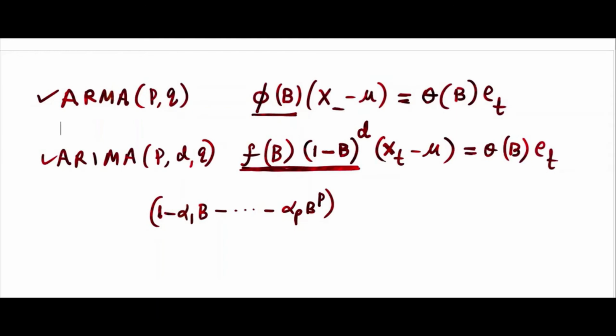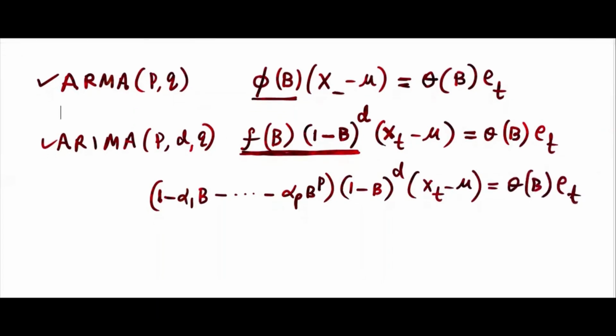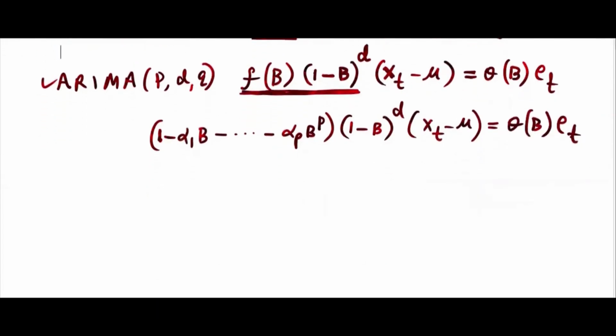We'll see that. So let me write this way: 1 minus b power d. Then I have to write xt minus mu. Then I have to write theta b et. Okay, theta b also, if you want, I can write the polynomial here. If you remember, we write beta 1 b up to beta q b power q.